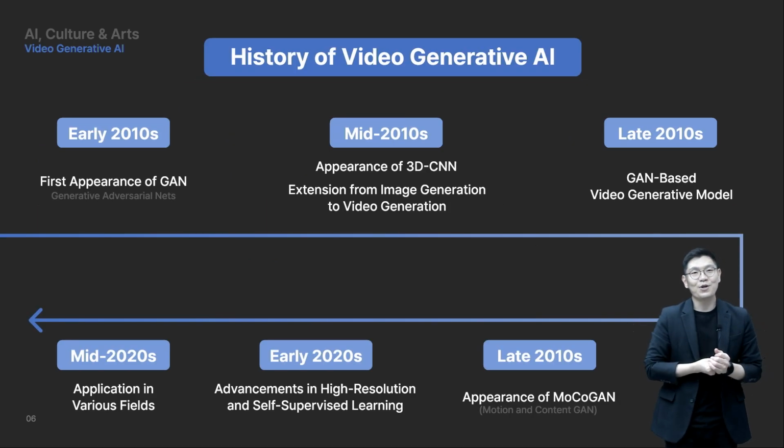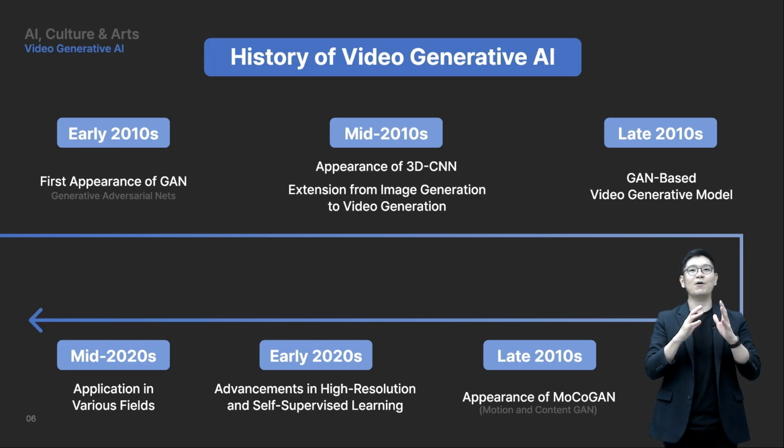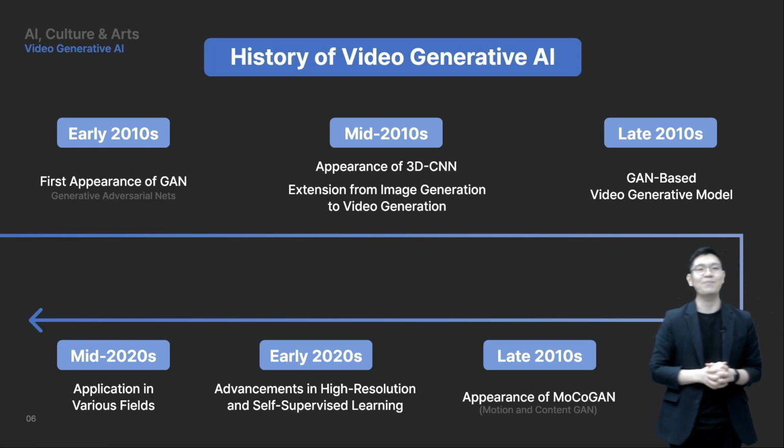What about the history of video generative AI? In the early 2010s, GAN, aka Generative Adversarial Network, first appeared, followed by 3D CNN, which is Convolutional Neural Network, in the mid-2010s, and then expansion from image generation to video generation.